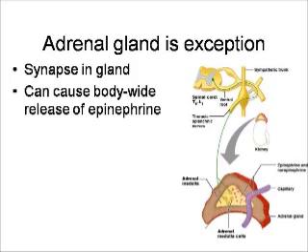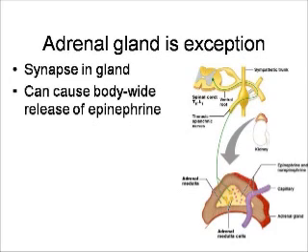Now, the axis, that means from the origin until the effector cells, we have two neurons forming the axis. The cell body of the first neuron in the sympathetic is located in the thoracolumbar region. The axon of the first neuron synapses with the cell body of the second neuron.